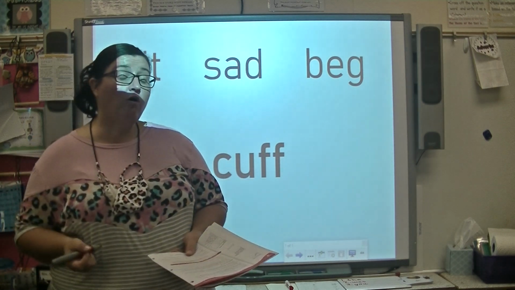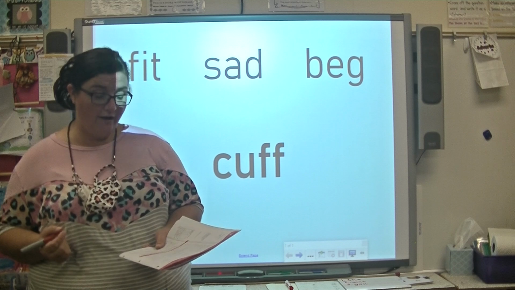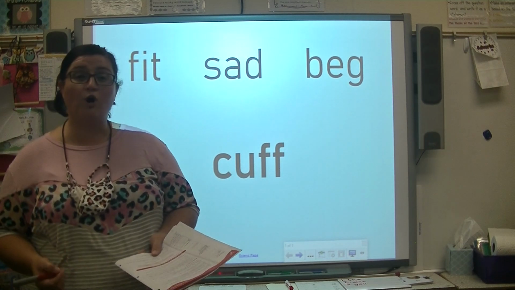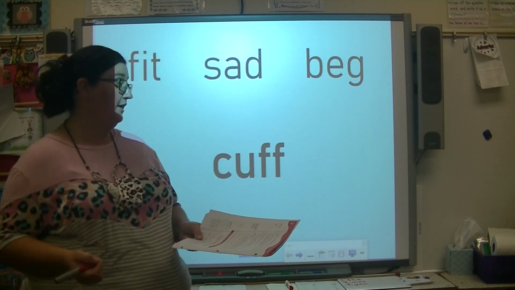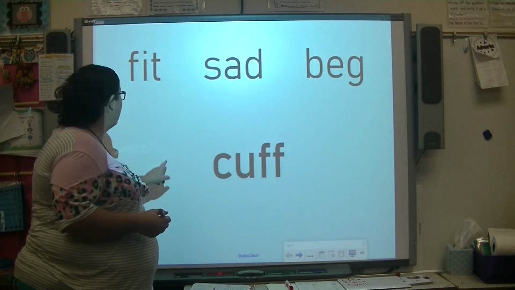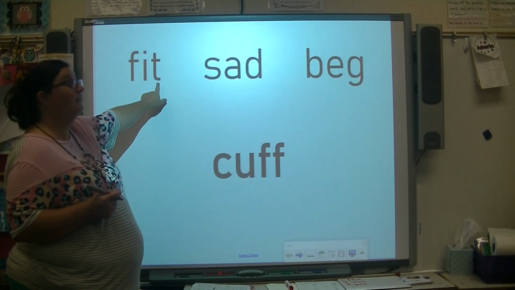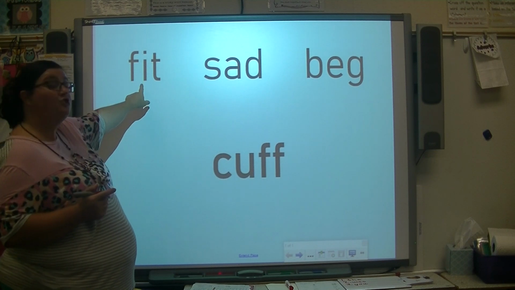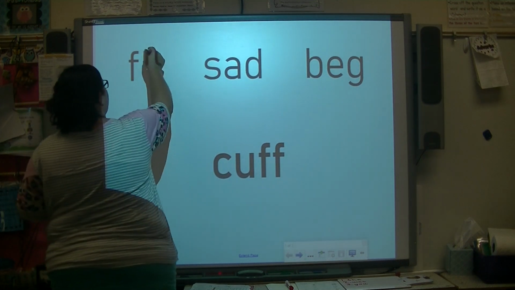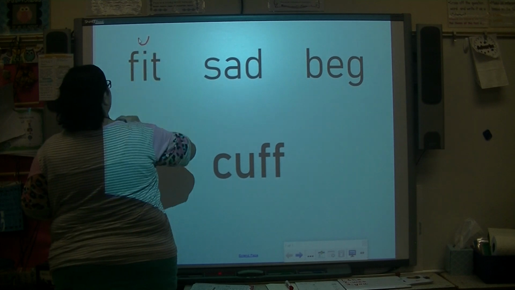A vowel followed by a consonant is short. Code it with a breve. So here's my vowel. Is it followed by a consonant? Yes. It's short. Code it with a breve.